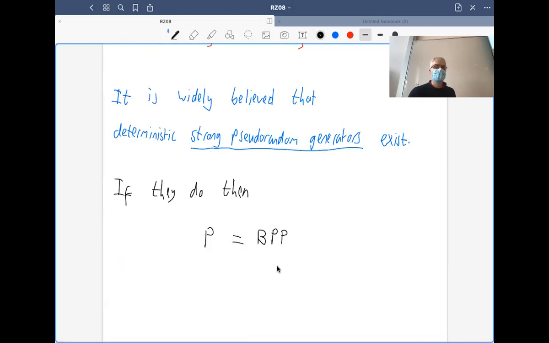If it does, then one can prove that P equals BPP. So people believe that anything one could do in probabilistic polynomial time can be done deterministically, by simulating the probabilistic algorithm using pseudo-random number generators.